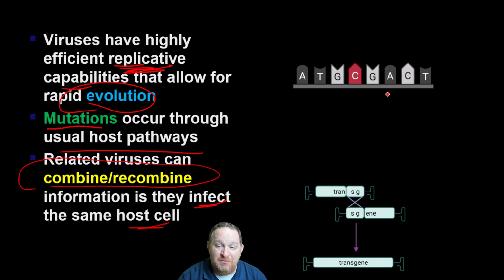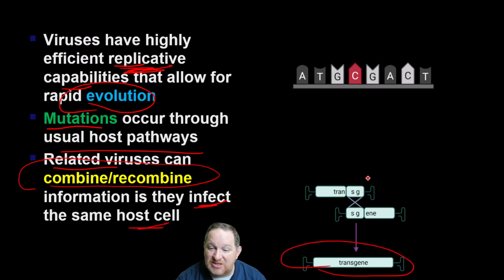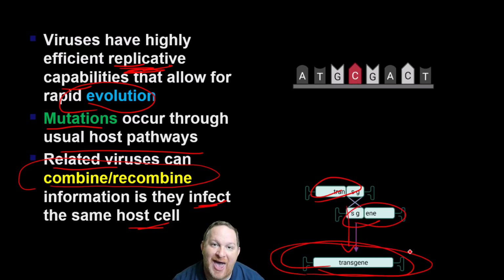So for example, related viruses might combine information into a new gene into a cell. So you take some from this part of virus, some from this, then they recombine in your host cell, and then you've got a really bad gene perhaps, or one that's particularly good for the virus, particularly bad for us.